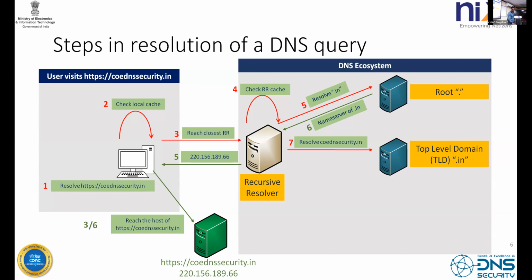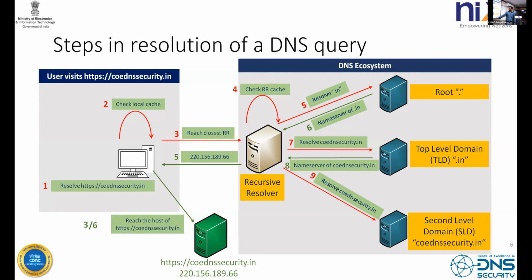It would have the entry and return the name server of codnsecurity.in. Then the recursive resolver will contact the name server of codnsecurity.in and ask for the IP address.